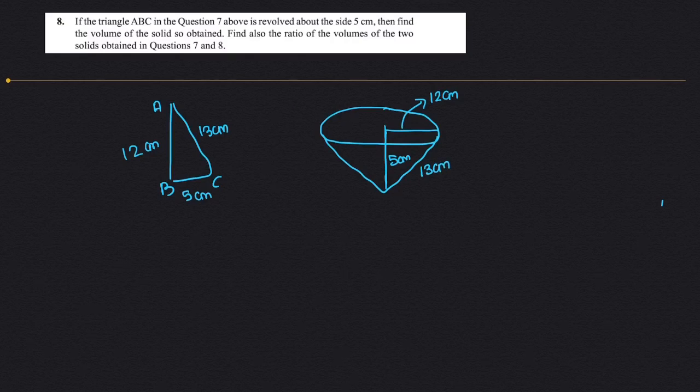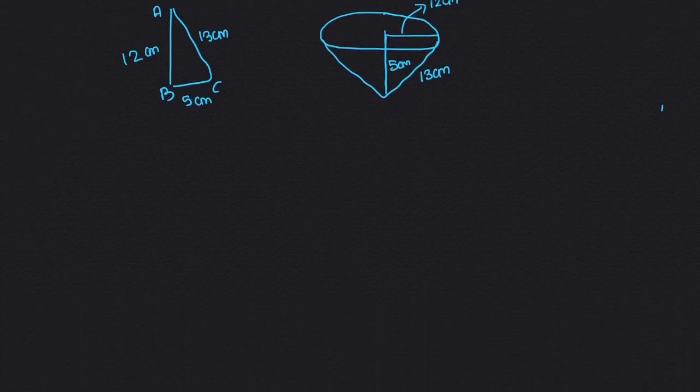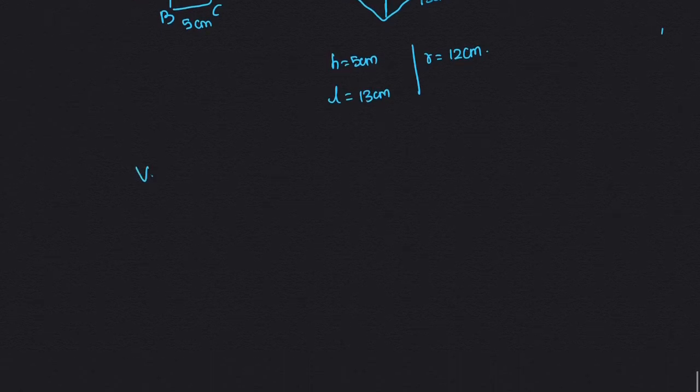So the same concept: height of this cone is 5 centimeter and slant height L is equal to 13 centimeter. The radius R is equal to 12 centimeter. So we need to find the volume of this figure. One third of pi r squared h.